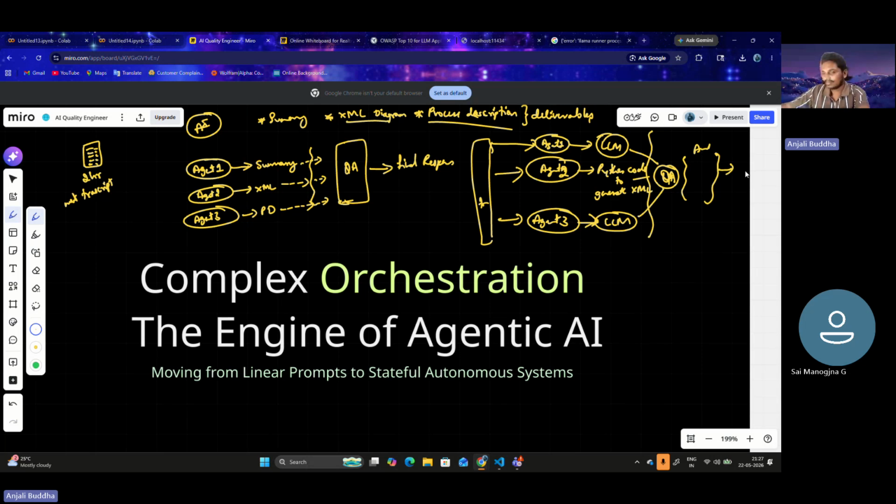No, individual answers: this is the summary, the XML, the description. Fine, so this explains it better. Let me remove this to make space.